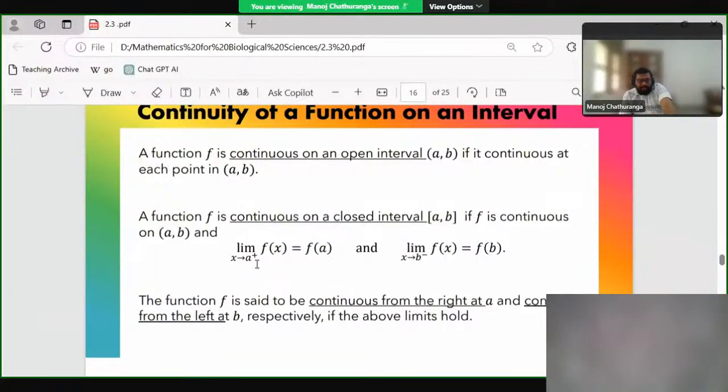So if the right limit equals f of a, we say f is continuous at a from the right hand side. Sometimes, in short, we say f is right continuous at a. Likewise, we can say f is left continuous at b if the function value f of b equals the left limit of f at b.